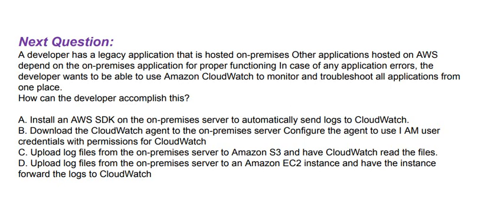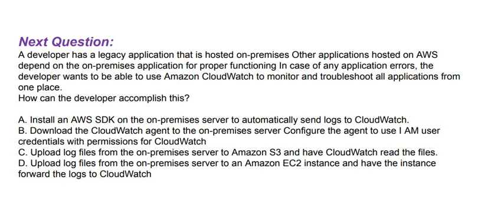Option A, install an AWS SDK on the on-premises server to automatically send logs to CloudWatch. Option B, download the CloudWatch agent to the on-premises server. Configure the agent to use IAM user credentials with permissions for CloudWatch.